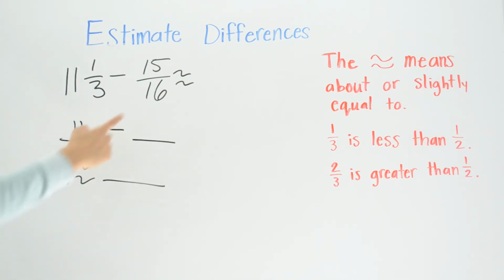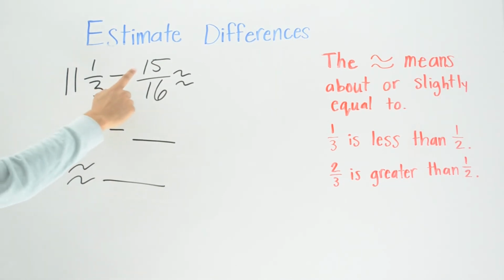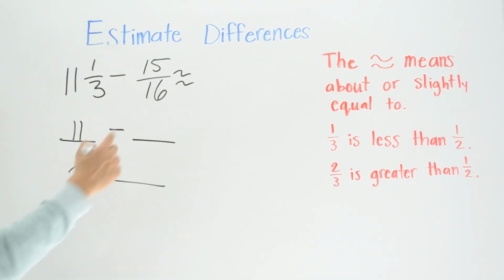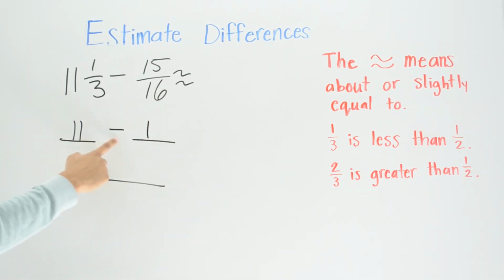Then we have 15 over 16, and we know that half of 16 is 8, so it's greater than half. So we're going to estimate and just put 1. So we say 11 minus 1 is 10. So our answer is about 10.